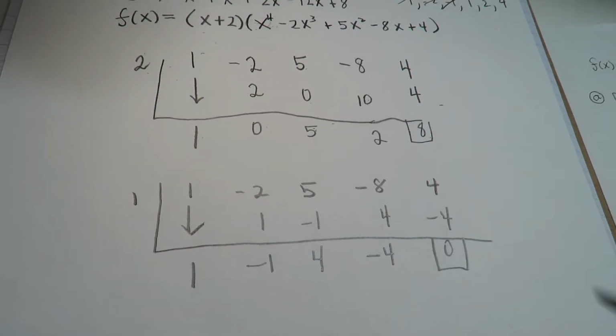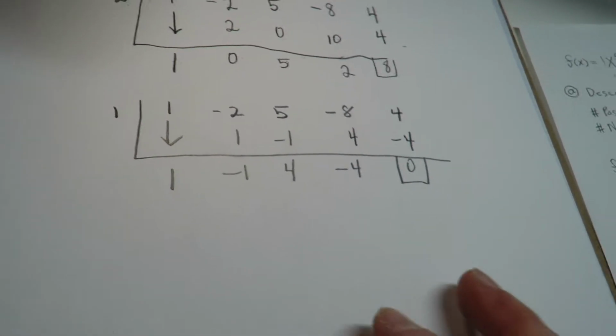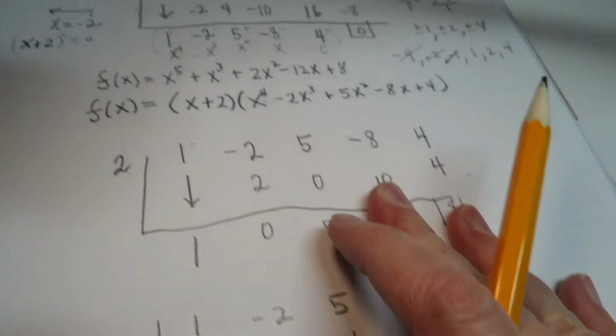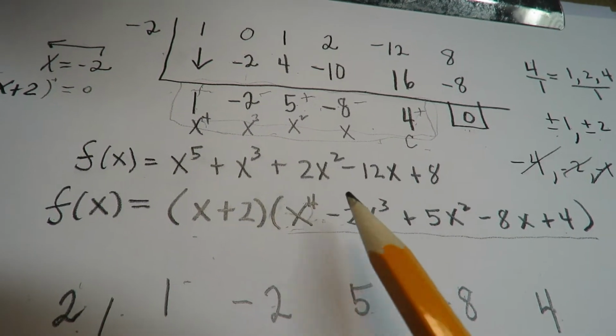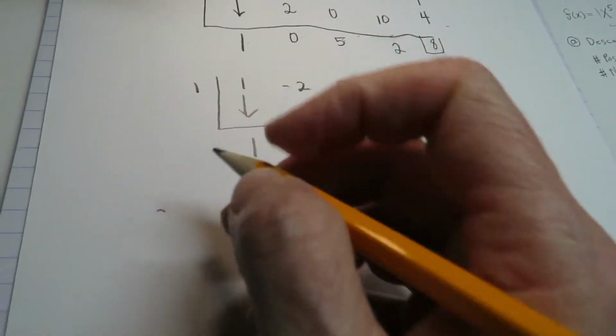Okay, wonderful. We've got a winner. So now you've broken down this part. Now you have a linear and a cube. All right, so let's write that down so you can see it.